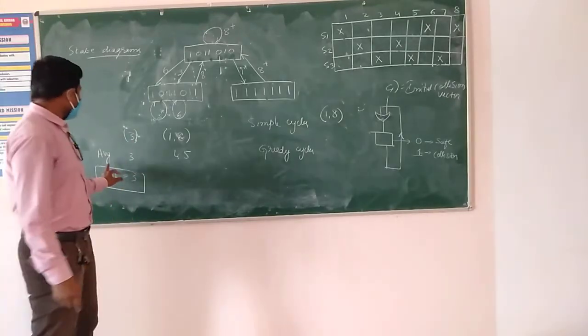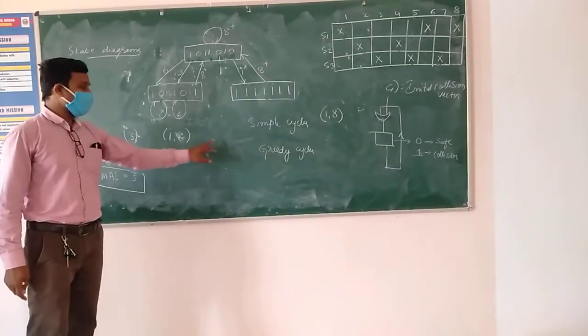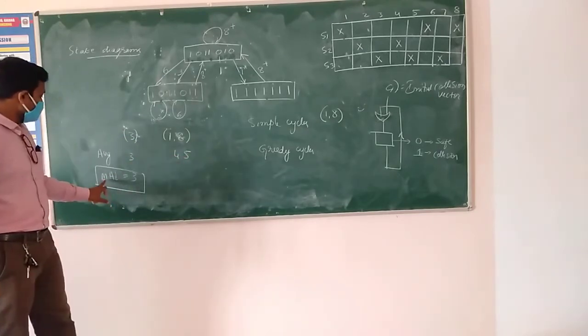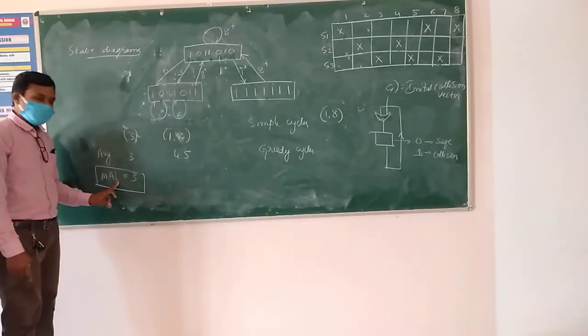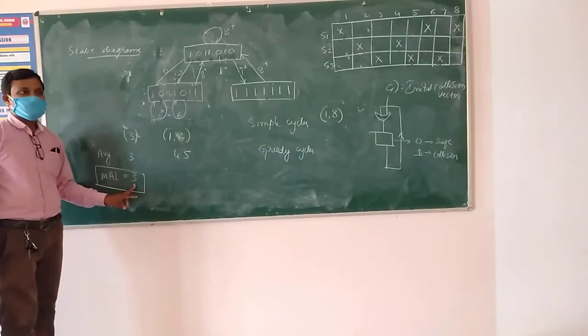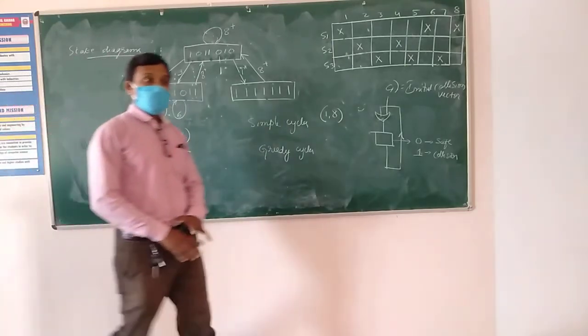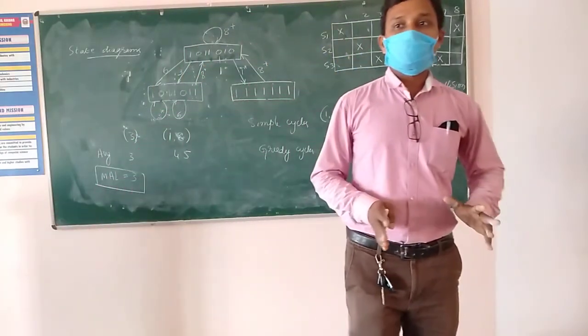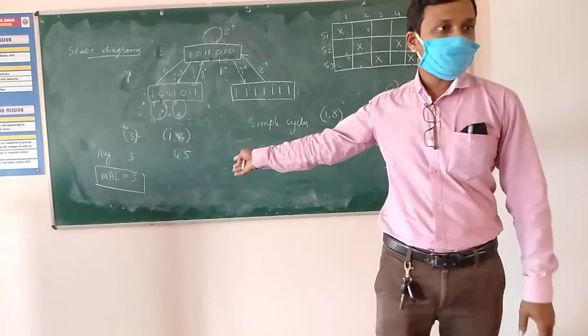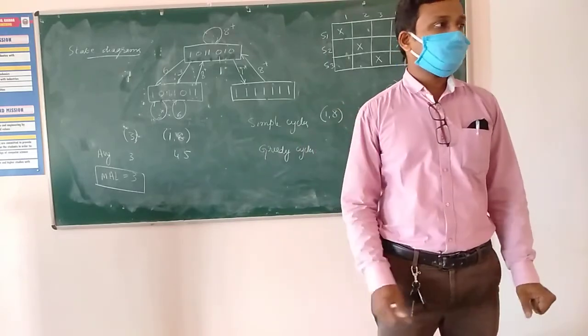Take the average latency of each greedy cycle, and whichever is the minimum is the minimal average latency. Minimal average latency is 3. So on an average, what is the minimal latency for collision-free scheduling? Alright?